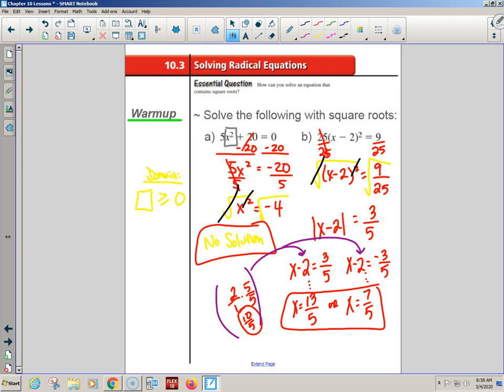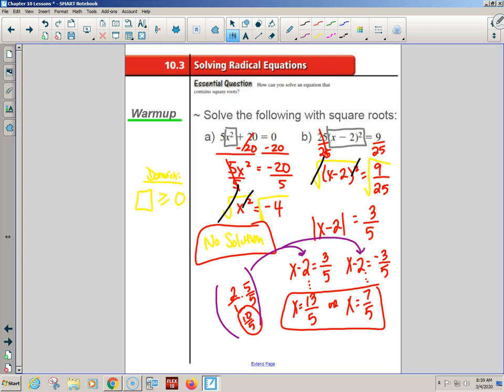But who's the squared guy in letter B? The squared guy in letter A was this one, and we needed to get him by himself to put the square root in. This whole thing is the squared guy. Now 25 is a perfect square, and 9 is a perfect square, but who has the squared written?